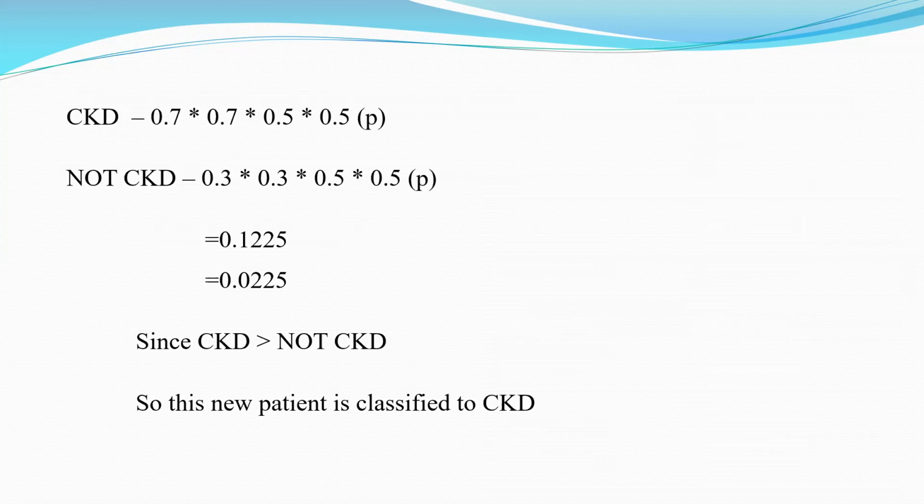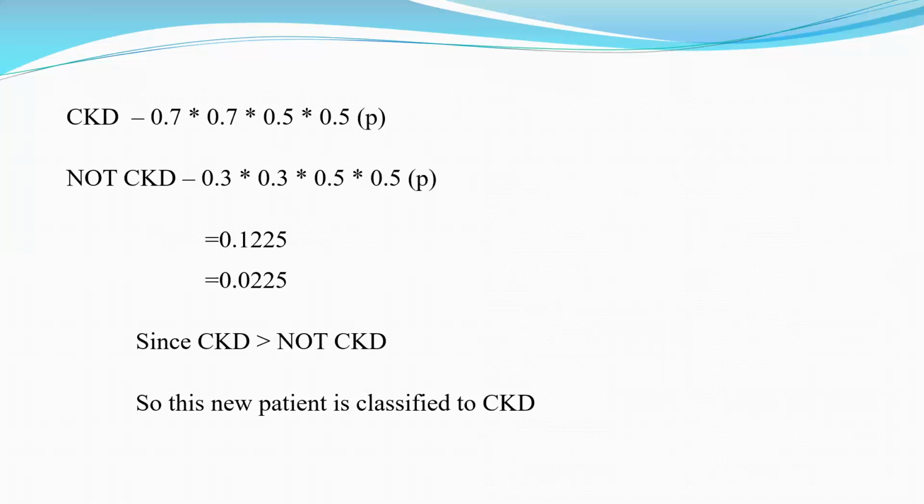We get the value 0.1225 for CKD and 0.20225 for not CKD. We consider the highest value, that is the CKD, which is 0.1225. So we consider the greatest value, that is the CKD, and we classify the patient as CKD. That means that the patient is suffering from CKD disease.